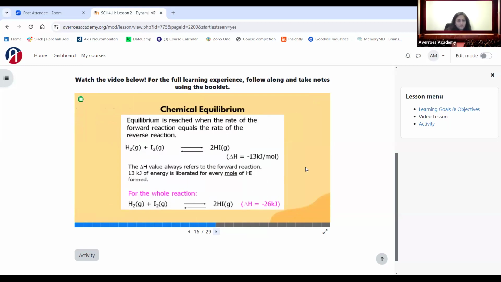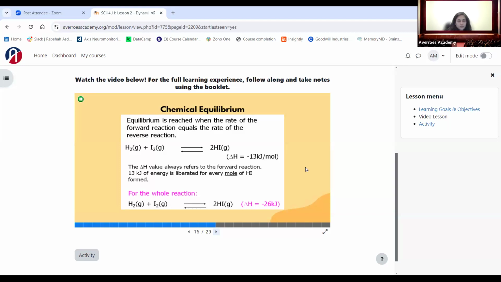And recall that chemical equilibrium is reached when the rate of the forward reaction equals the rate of the reverse reaction. So if we have hydrogen gas and iodine gas yielding HI, hydrogen iodide, at the same rate that we have hydrogen iodide dissociating or decomposing into the separate hydrogen gas and iodine gas.